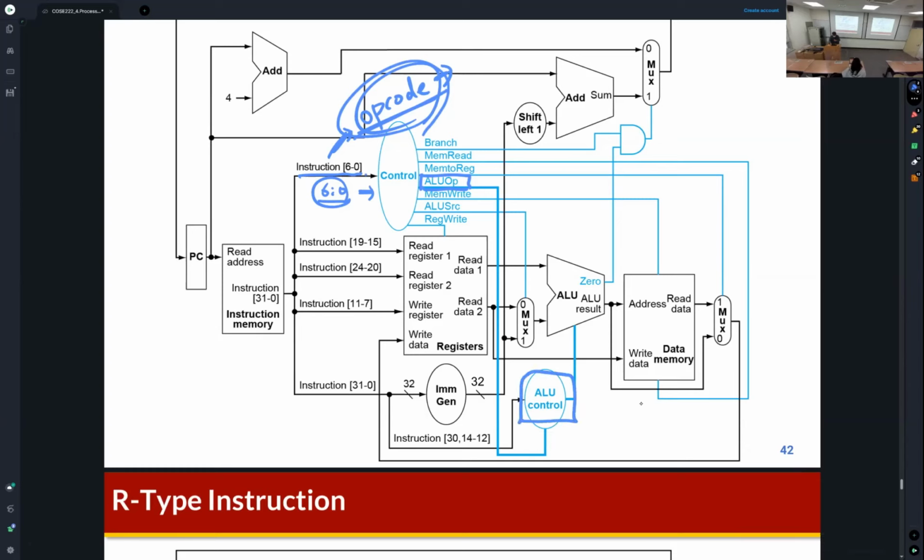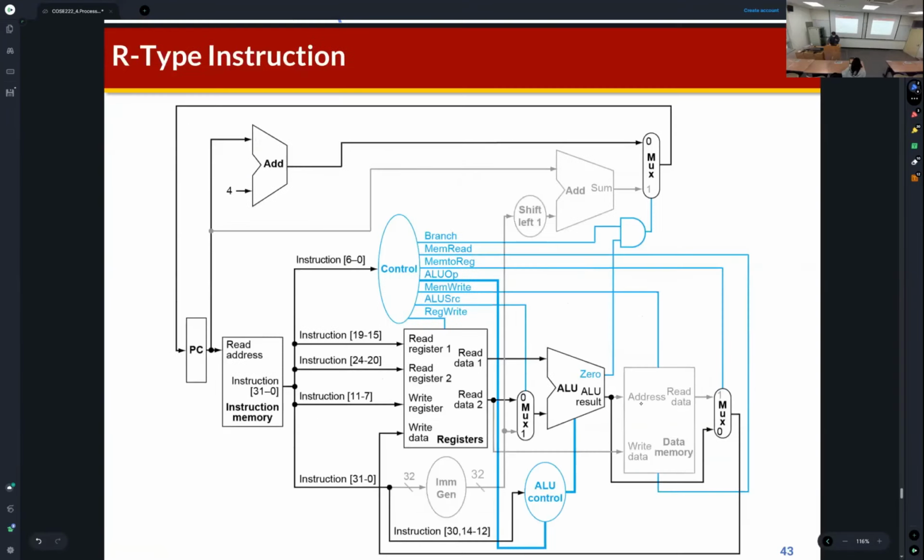If you see the input of the ALU control unit, there are two inputs. One input is the ALUOp from the control unit, and the other input is the instruction. Actually, the ALU control unit receives the function 7 and function 3 fields from the instruction, right?